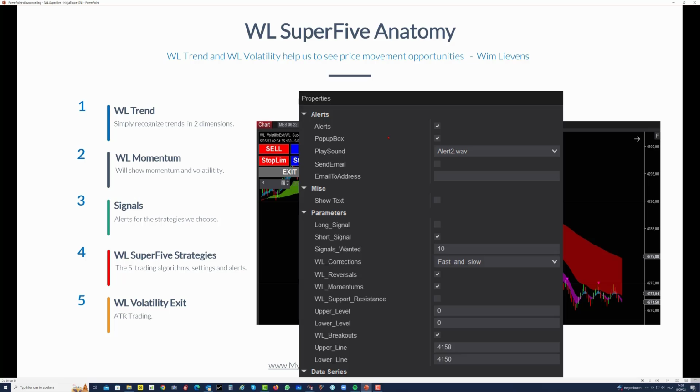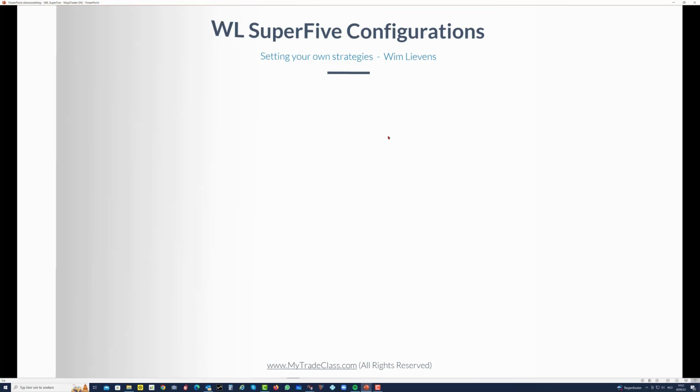So basically, when you buy this and I send you the files, you will get the real trend, the real momentum, and the SuperFive, which are the 5 strategies, the 5 algorithms, or I should say 9 algorithms, because in the correction segment there are 4 different ones. I can show this a little bit better in the next slide.